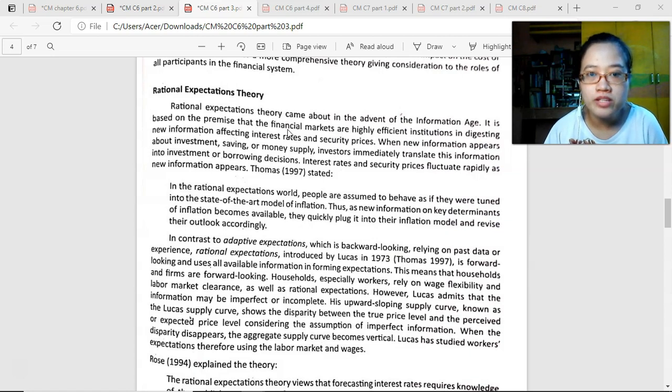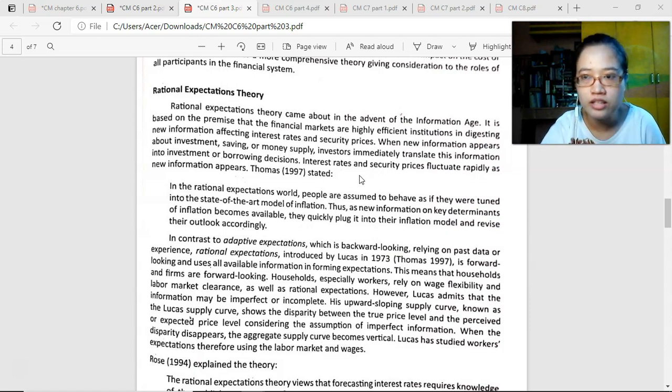It is based on the premise that the financial markets are highly efficient institutions in digesting new information affecting interest rates and security prices. When new information appears about investment, saving, or money supply, investors immediately translate this information into investment or borrowing decisions. So yung interest rates and security prices would fluctuate rapidly as new information appears.